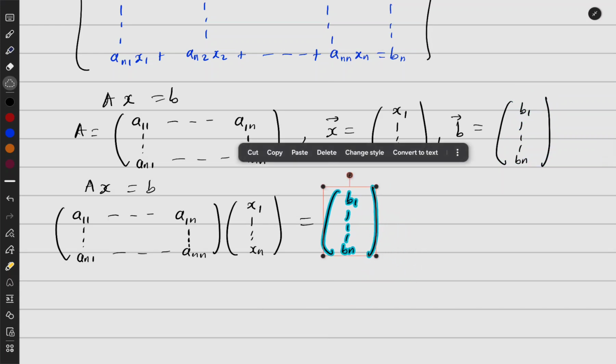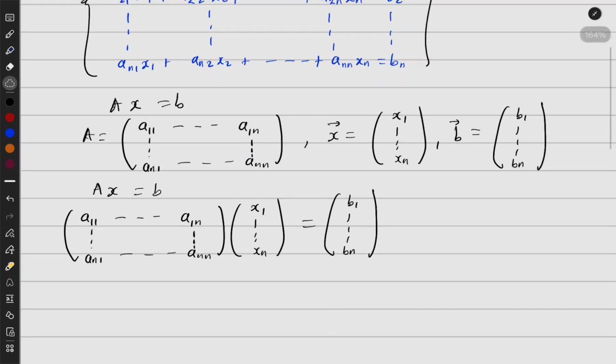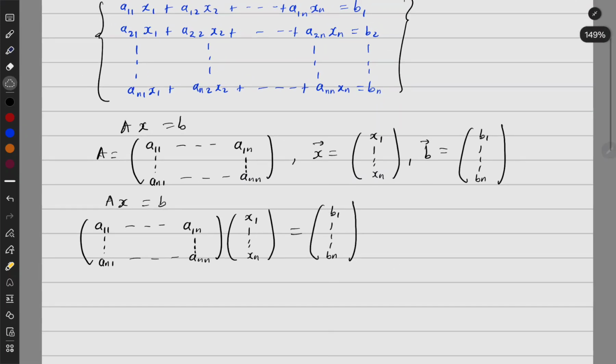So this is the general form of the linear systems.